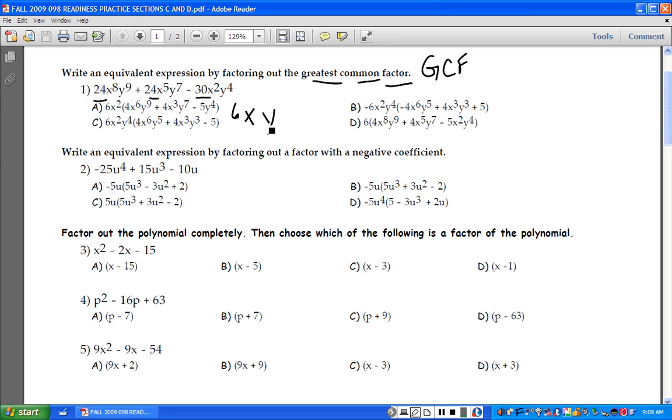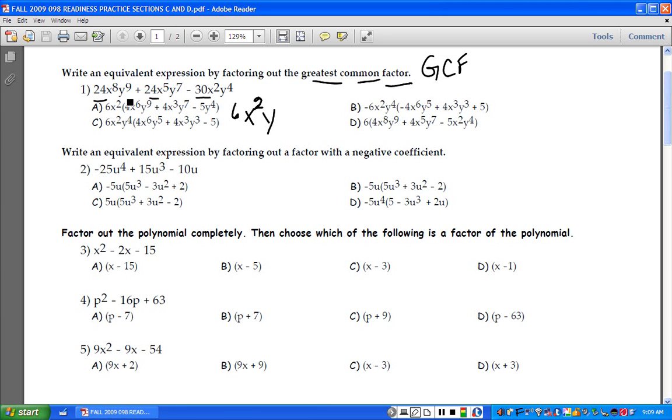Once we decide that each of these 2 variables exists in each term, we want to pull out the smallest exponent represented by that variable in each term. When looking at the x's, we see an x to the 8th, an x to the 5th, and an x to the 2nd. The smallest we see is x to the 2nd. So we want to pull out x squared.